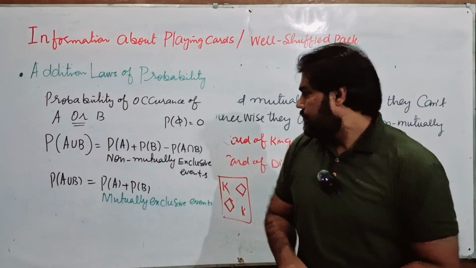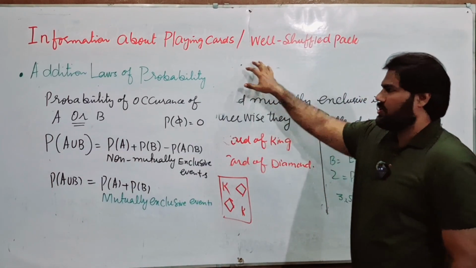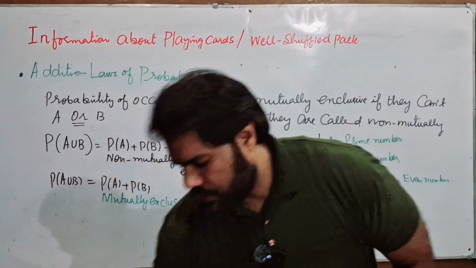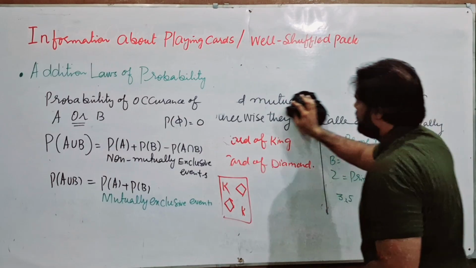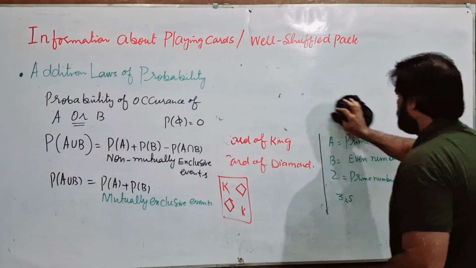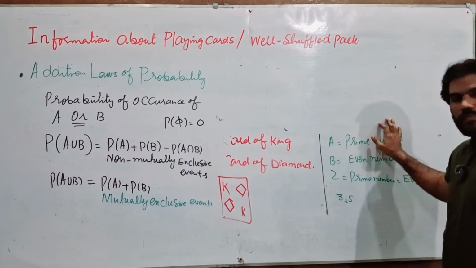We will properly start questions about the addition law of probability in the next lecture. Just for your elaboration, I will give some examples here. Suppose we discuss this example. We throw a die.